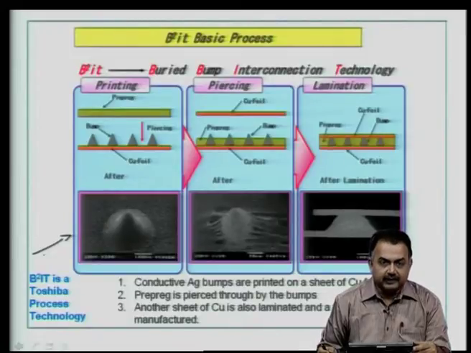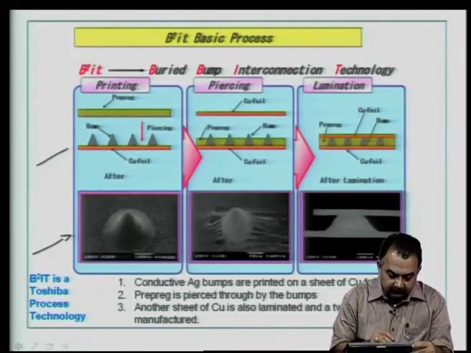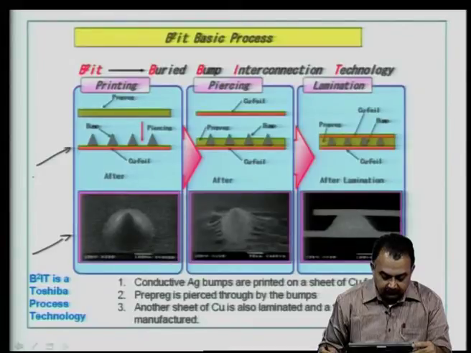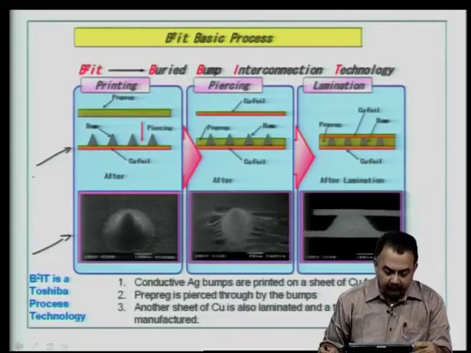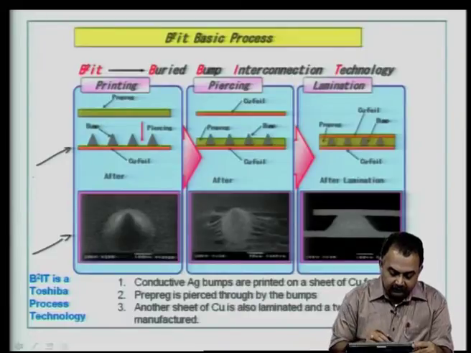So, silver paste can be used with suitable thixotropic conditions. Now, if you look at this illustration here, a copper foil is taken, okay, a thin copper foil is taken, and now using stencil printing and based on the micro via design that you have generated for that particular layer, a series of bumps have been created, as you can see here.